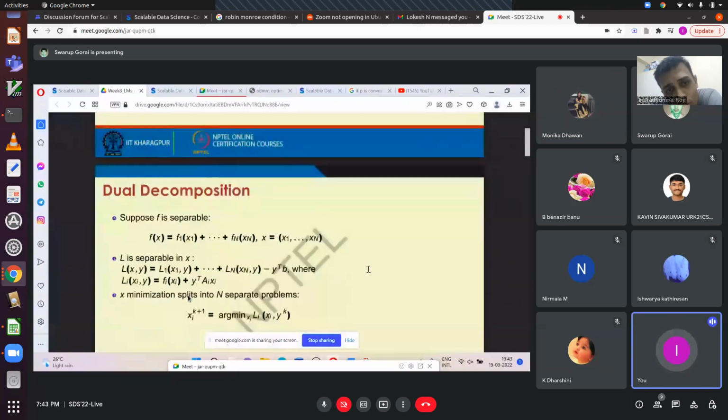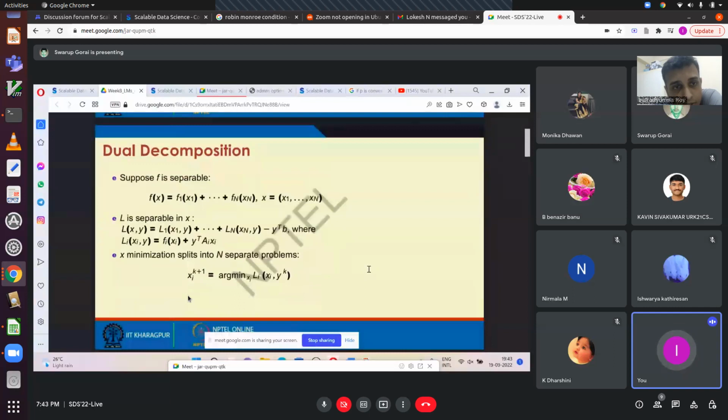So what is dual decomposition? It's the same thing as before. The new idea is that your f(x) is decomposable. What do you mean by decomposable? Let's say it's the addition of f1 and f2. In the notes you have seen objectives looking like f(x) plus g(y). So instead, let's say f(x) can be written as f1(x1) plus f2(x2).